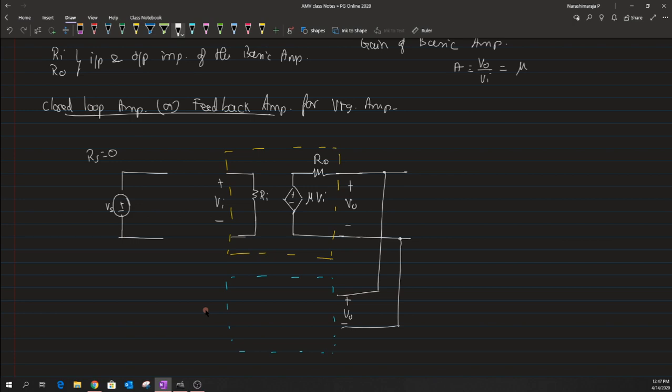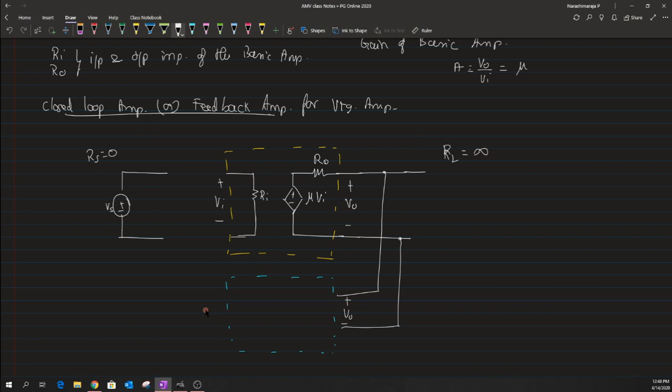I also have to say that the load of this voltage amplifier basically has to be an ideal one. Which means that the load impedance RL, if it is ideal, is supposed to be infinite, so it should not have any drop across it.